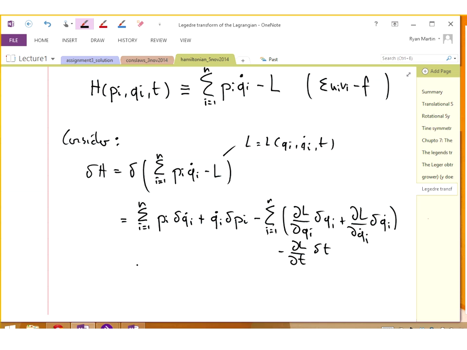I'm going to again rearrange the terms so that I group the terms that have delta q_i dots together, since those are the active variables. So that's equal to the sum from i equals 1 to n of p_i delta, oops, that's the one that we don't want.